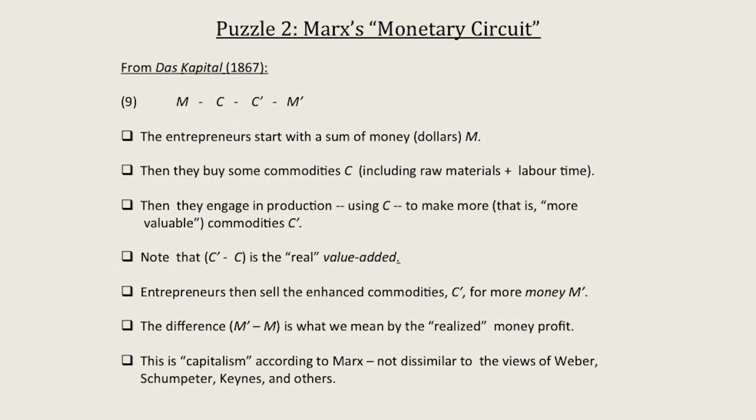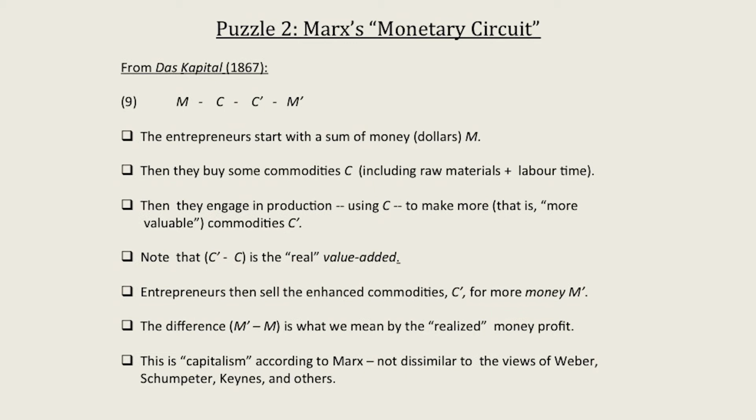Okay, I hope we're now satisfied. The next puzzle is Marx's monetary circuit. And this is a kind of complicated version from Das Kapital, 1867. And I use the notation M, C, C prime, M prime.